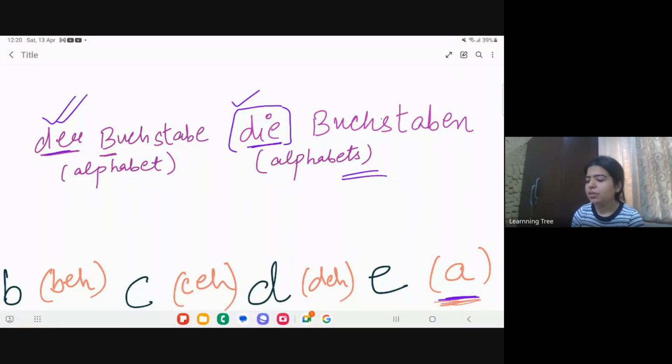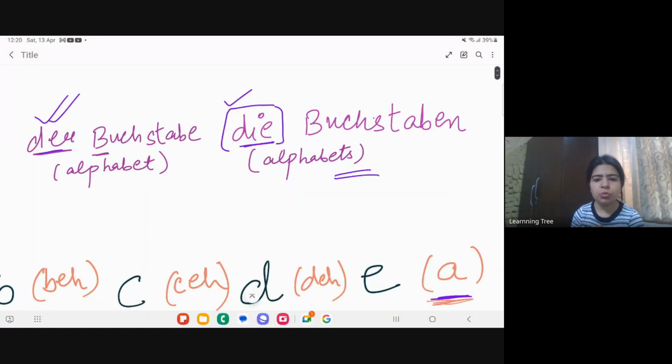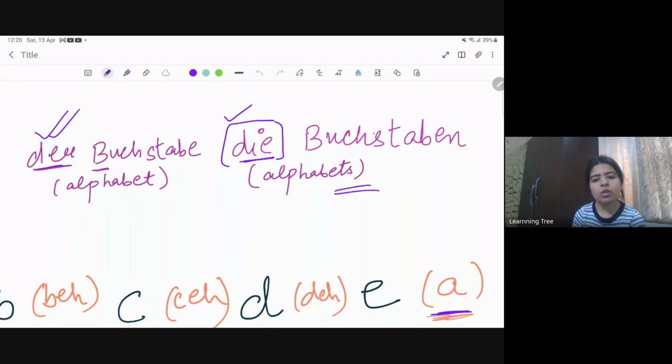Der Buchstabe, and the plural will be die Buchstaben. So one thing here is that the article of plural will always be die. This gives us some relaxation that we do not have to learn the article of plural. No matter whatever the article of singular is, the plural article will always be die.